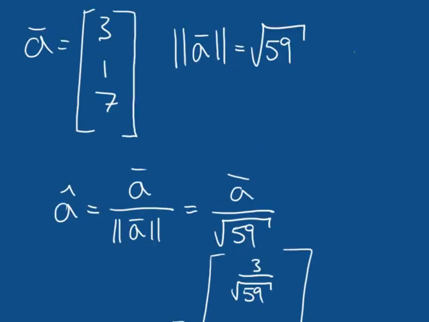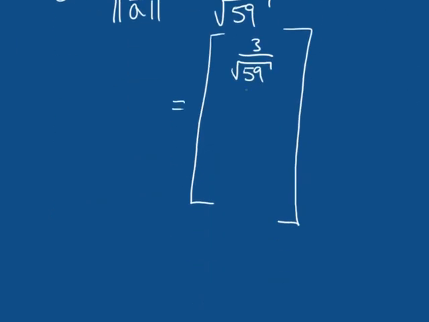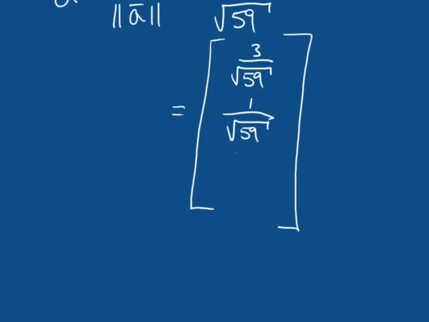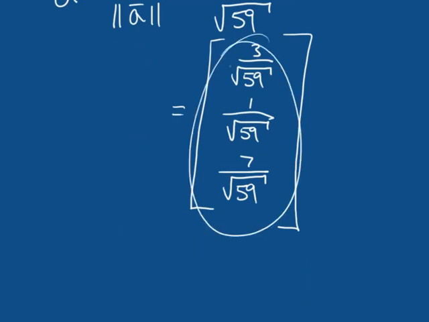The second component is 1 divided by the square root of 59. And the final component is the final component of A, which is 7, divided by the length, which is the square root of 59. So this is our unit vector. This is A hat.